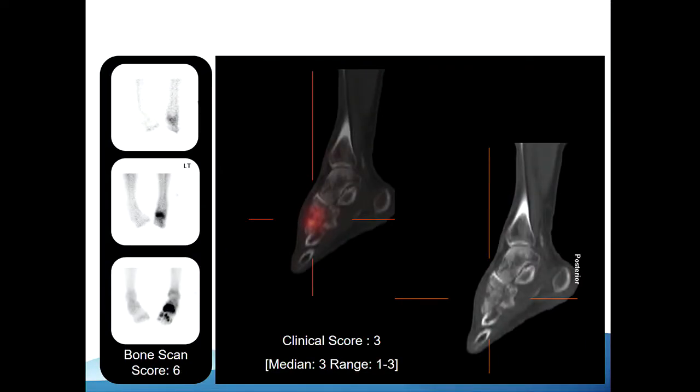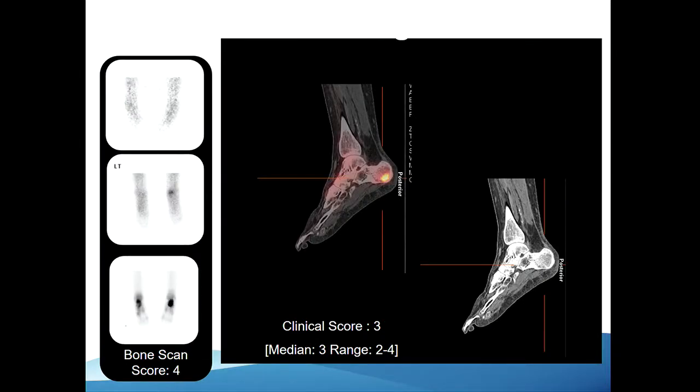So this is an example of a patient, and you'll, I'm sure, easily recognise very abnormally increased perfusion, blood pool, and delayed uptake in the midfoot, but also multifocal there in the forefoot at the tarsometatarsal joints, and there's clear evidence of increased focal uptake, which we could see was a midfoot fracture.